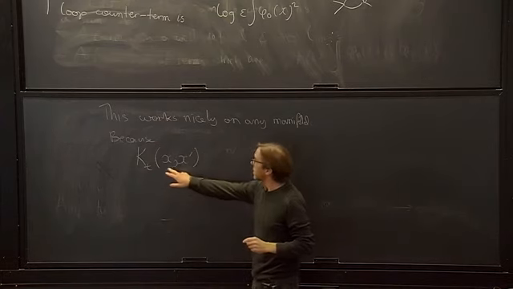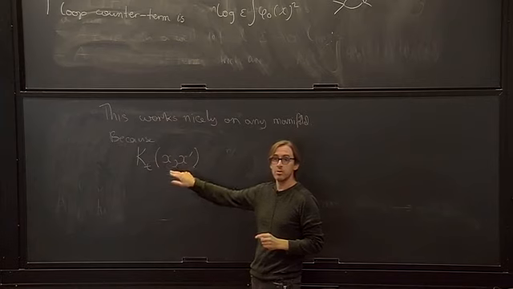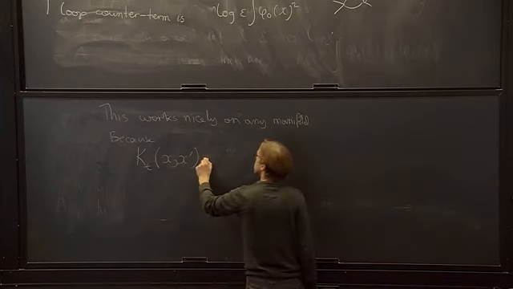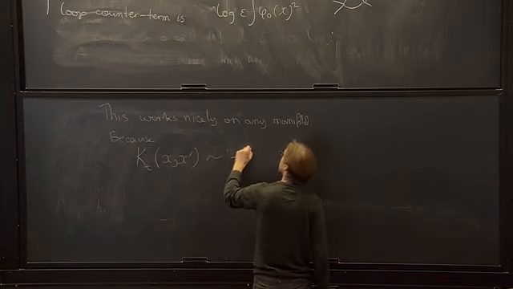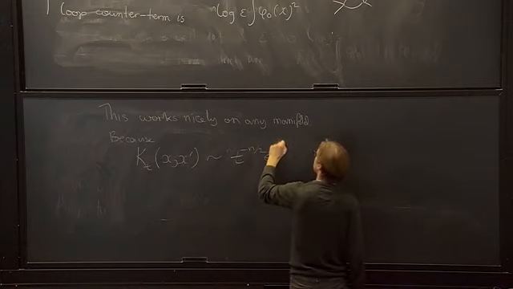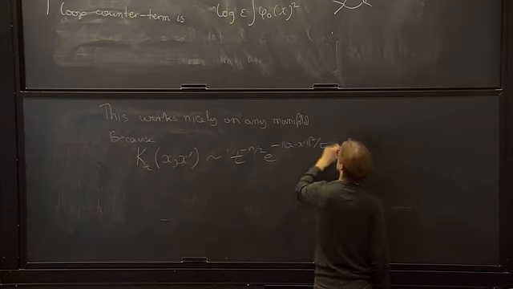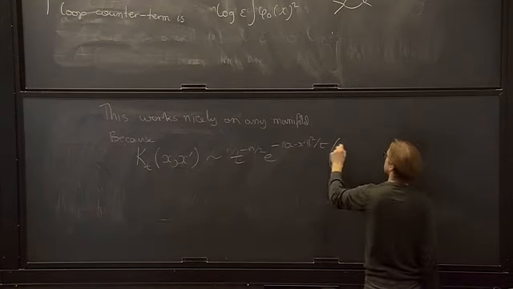has a nice expansion, though the details are a little subtle, when t goes to 0 in Riemann normal coordinates. It looks like t to the minus n over 2, ignoring the usual factors of pi.